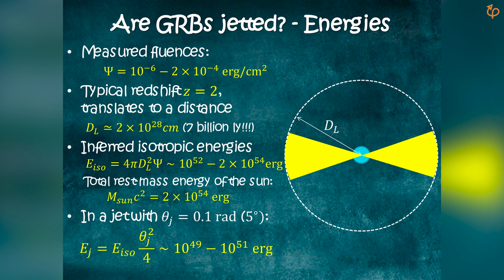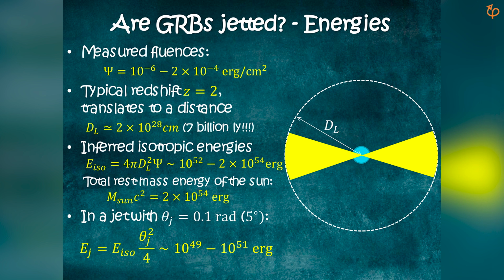If my opening angle of the jet is about 5 degrees, then the ratio between the surface of this two-sided jet and the surface of the sphere is about several hundreds. So the actual energy is reduced by this fraction, theta j squared divided by 4, and I get energies that are much, much smaller, 10 to the 49 to 10 to the 51 ergs. These are still huge energies, but these kinds of energies are something that we can actually see.